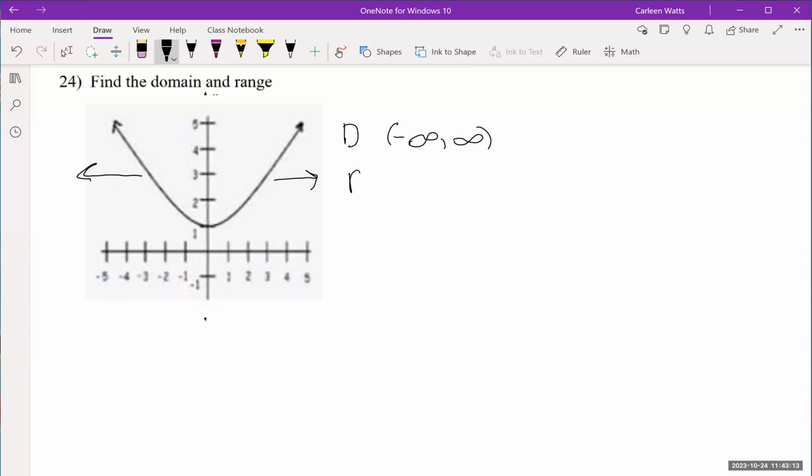The range. Now, it goes up to infinity, but the y values actually have a bottom. And what is that bottom number for the y values? Time for you.